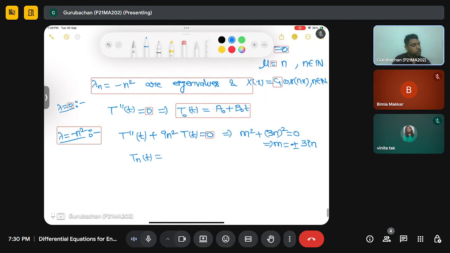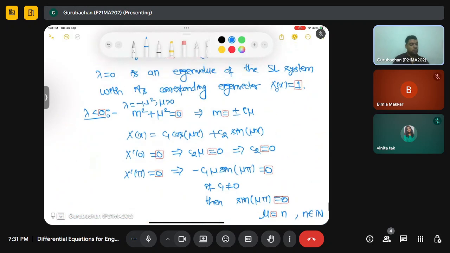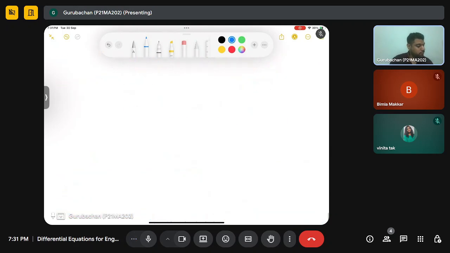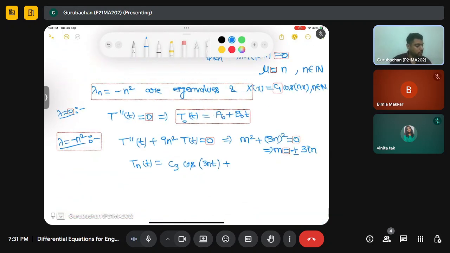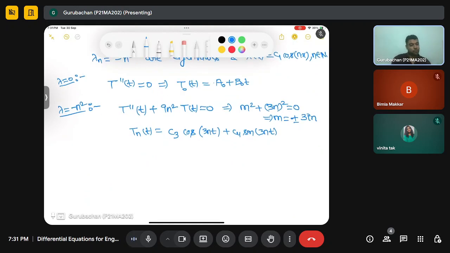So this will give you c3 cos 3nt plus c4 sin 3nt. Okay, from here you got your T n of t for both the cases.